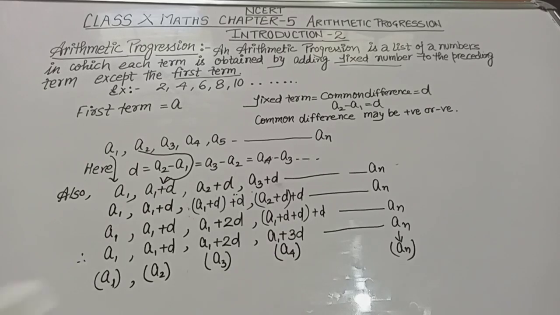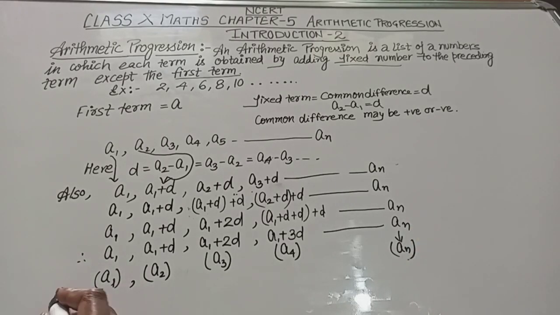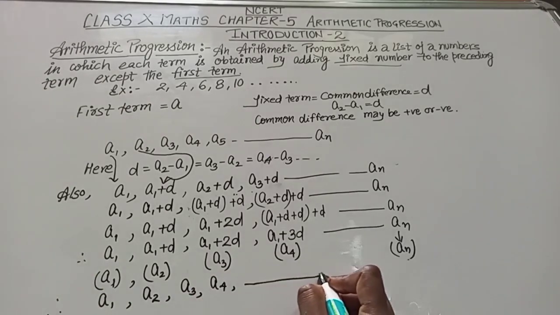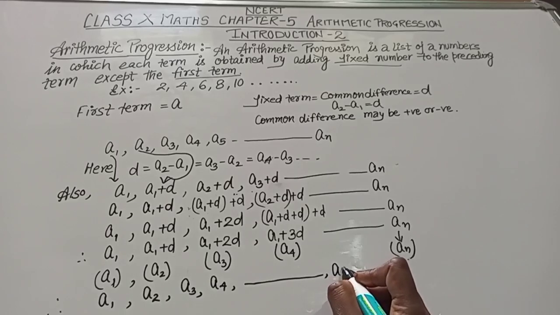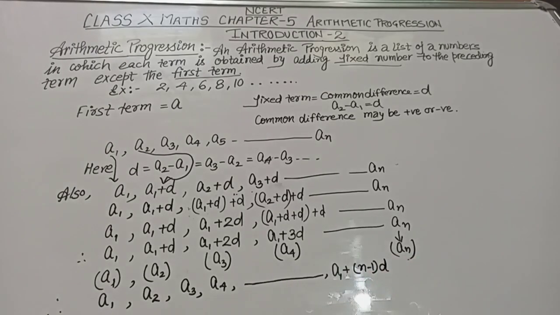If it is the 3rd term, there are 2 D's. If it is the 4th term, there are 3 D's. So for the Nth term, you write N minus 1. So AN is A1 plus N minus 1 into D.